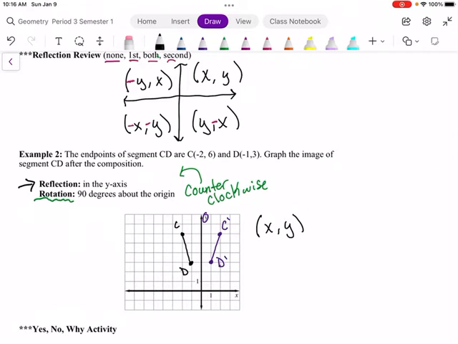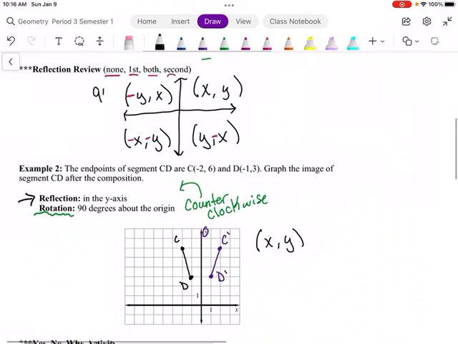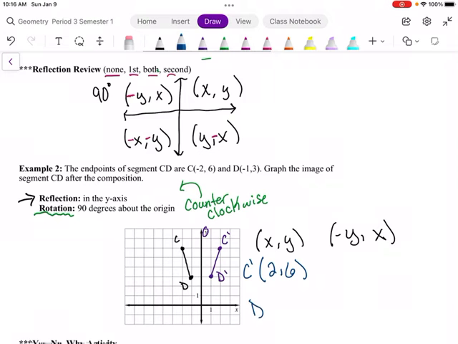And we're rotating at 90 degrees, so we need to go once. So we are going to negative y, x for our coordinates. Point C prime has the coordinate point of 2, 6. And D prime has the coordinate point 1, 3.